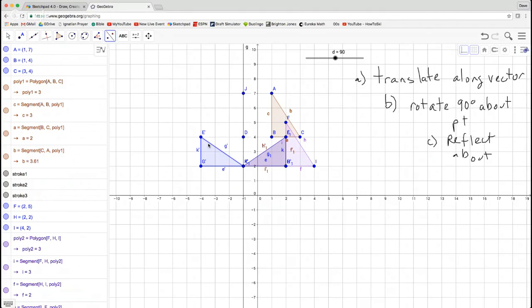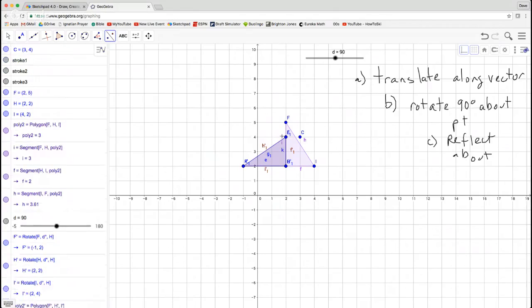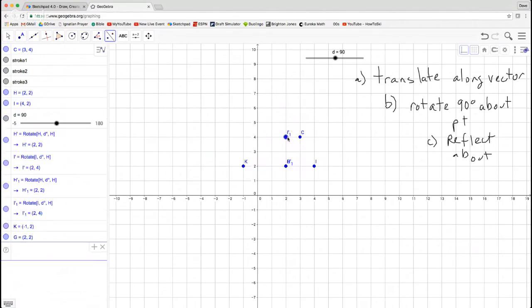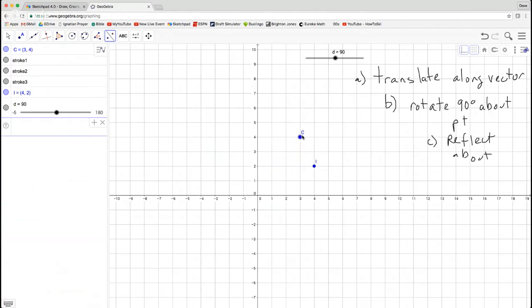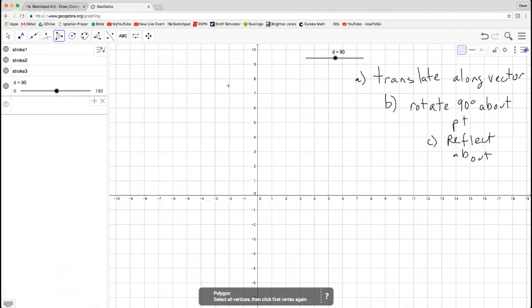Now let me try one last thing that I want to show you, and that's an instruction that you have to understand that they're going to give you in the homework. Let's take a four-sided object just for fun, because we've been doing so many 3-sided objects.